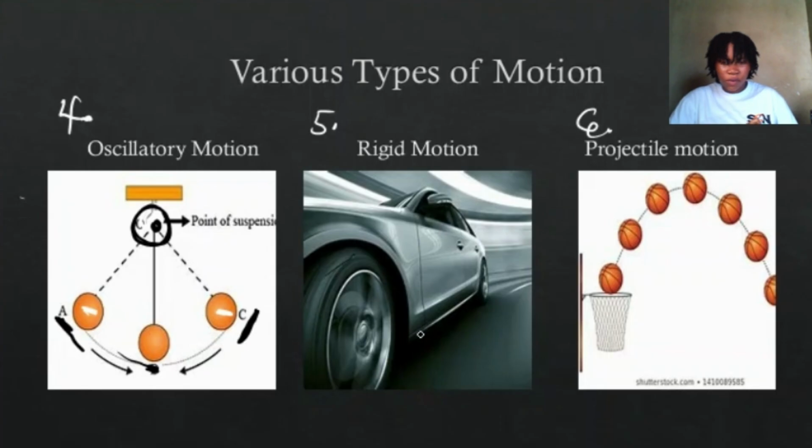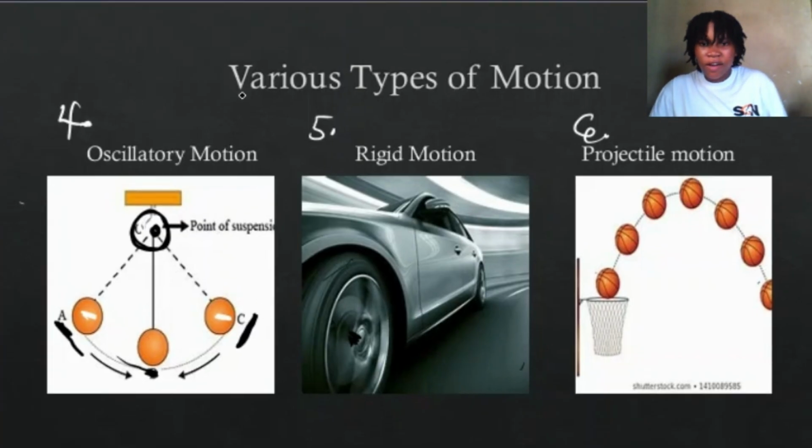You could see that the car tire is moving in a straight line and also moving along its own axis, and it's not deforming. So the type of motion in which linear motion and rotational motion combine and the body doesn't undergo any form of deformation is known as rigid motion.